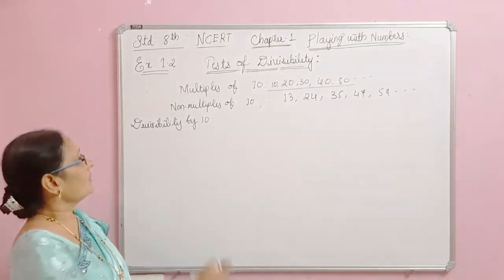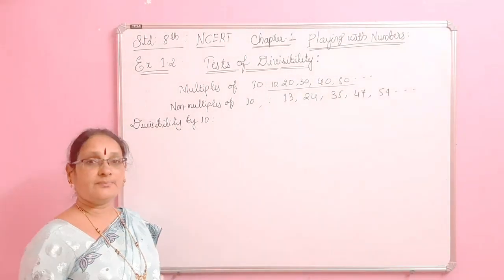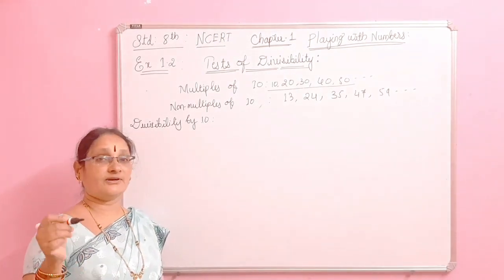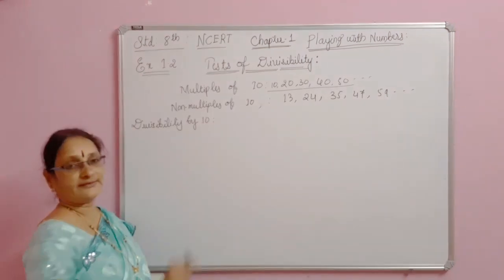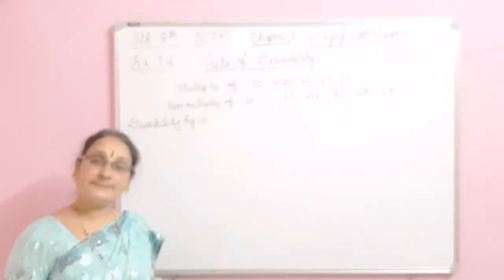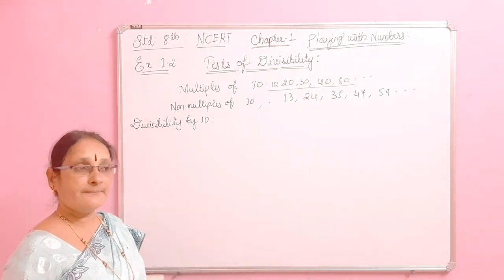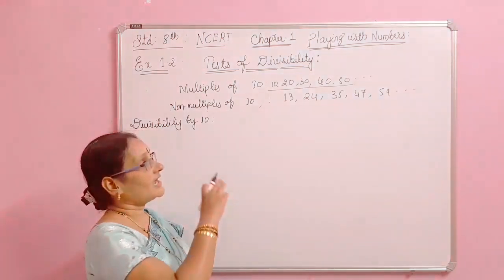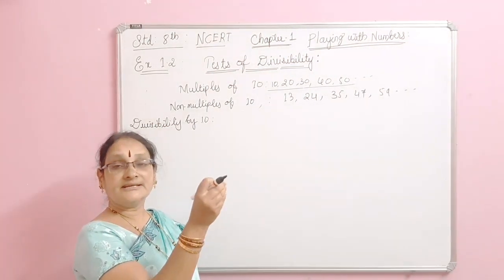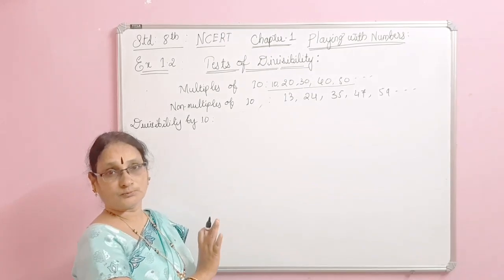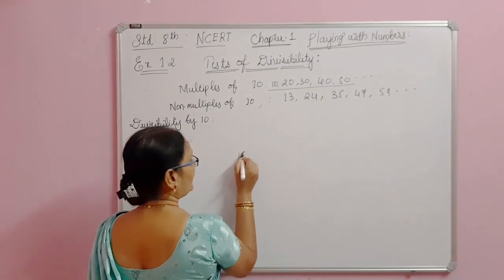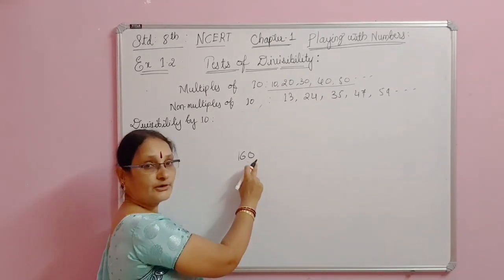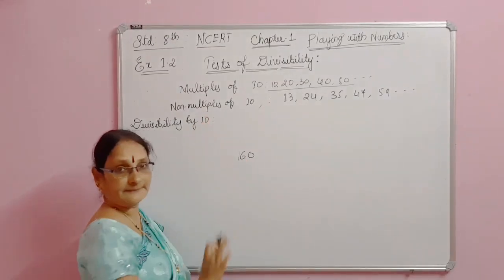That means divisibility by 10 is very easy. All the multiples of 10 are the numbers in which the digit in the ones place must be 0. For example, 160: in this the ones place has 0, that means this is divisible by 10.